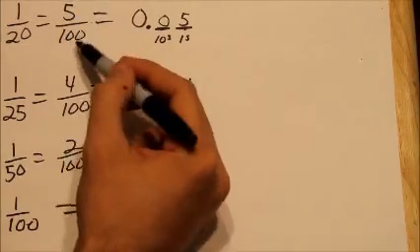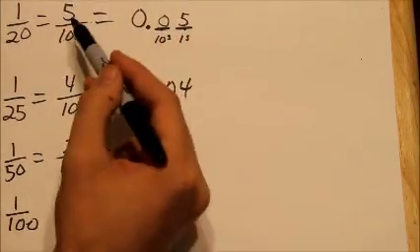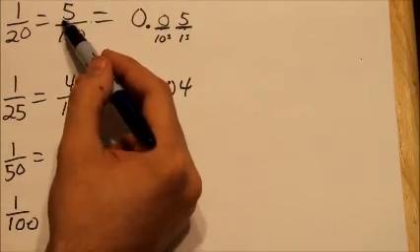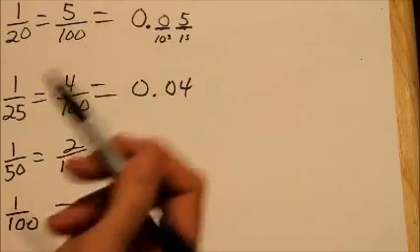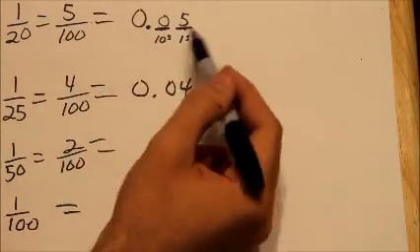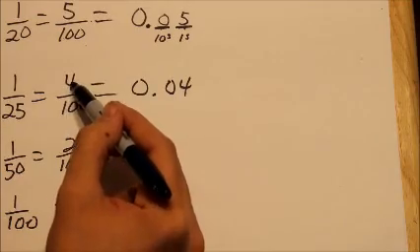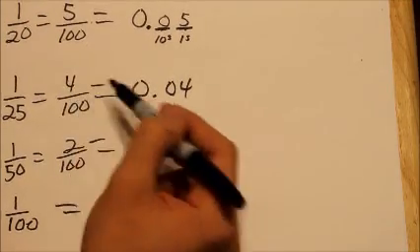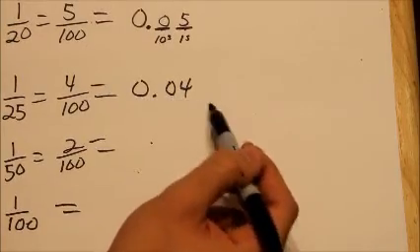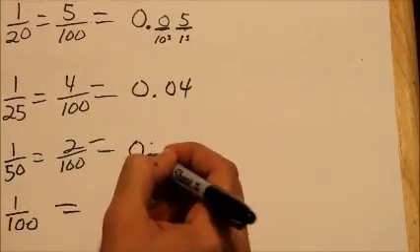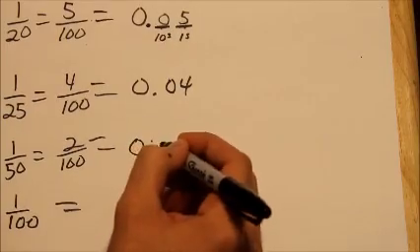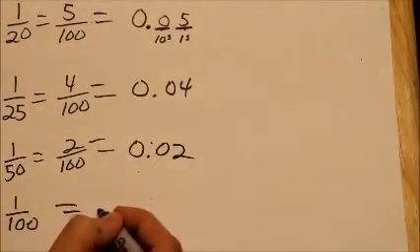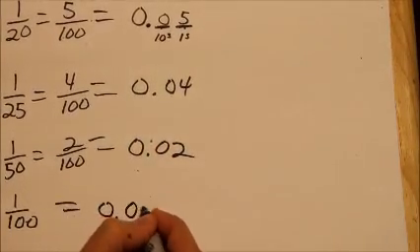Same as 5 cents. We have 5 pennies. We get 5 cents. $0.05. We have 4 pennies. 100 pennies makes it $1. We have 4 pennies, so we have $0.04. $0.02. $0.01.